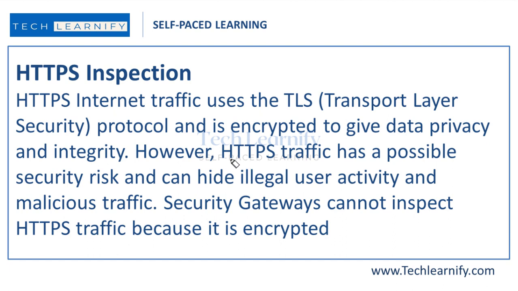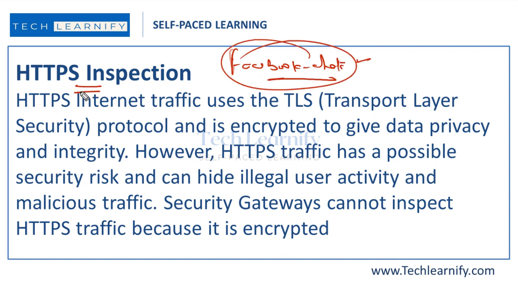So I hope you understand that HTTPS has a possible security risk and can hide illegal users. So why must HTTPS inspection be enabled in any firewall? You understand the logic and the reason. First reason: proper application control. For example, if we want to restrict Facebook chat, then to identify the Facebook chat application, HTTPS inspection must be enabled on the gateway.